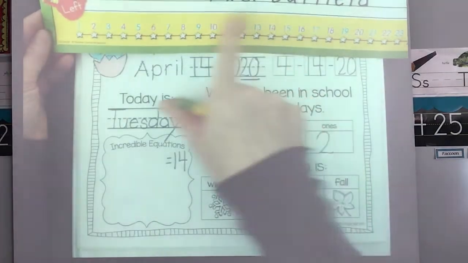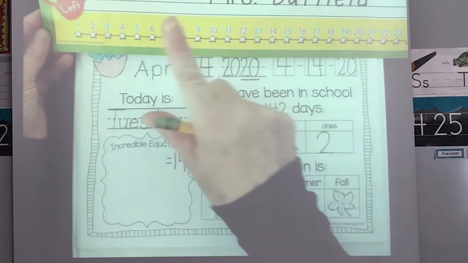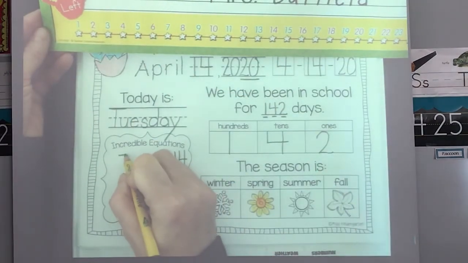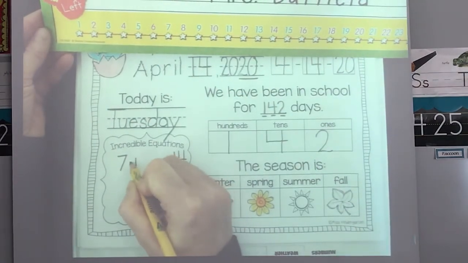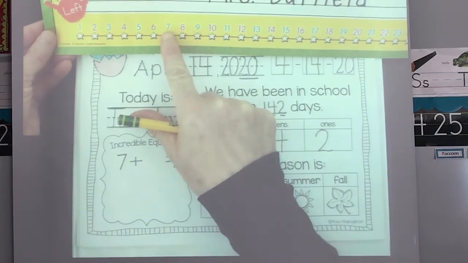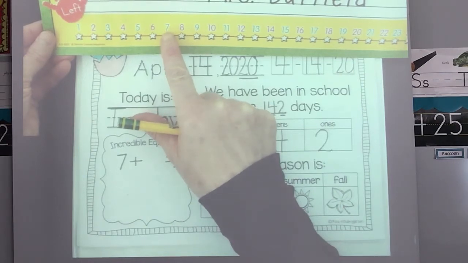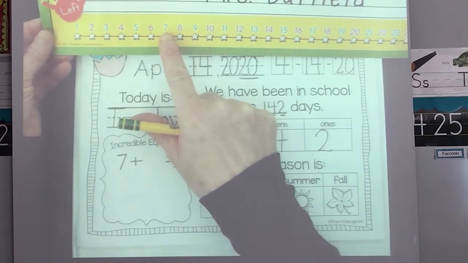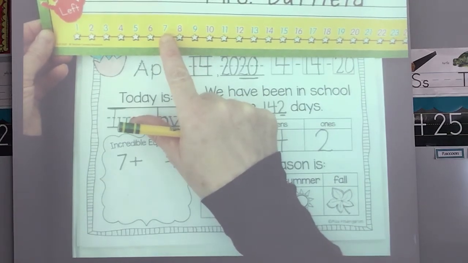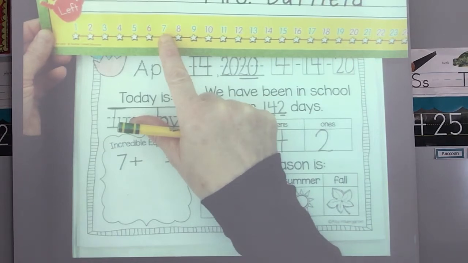So let's start with 7. So let's write our 7. 7 plus, let's see how many more we need to add to make 14. We're going to 14. So you cover the star on the 7. It's always a good idea to have this mat with you, because this is a really easy way for us to do our addition and subtraction on our number line like this.